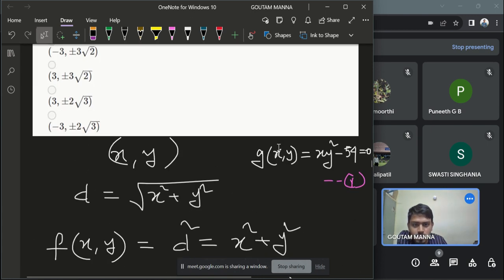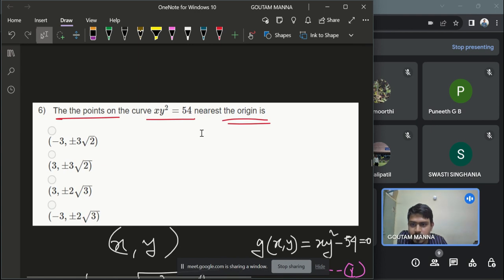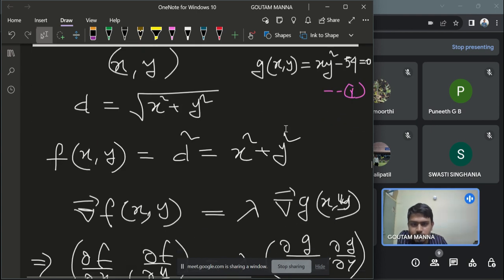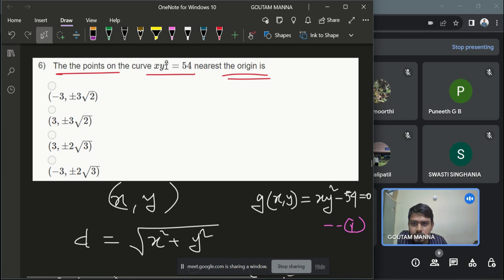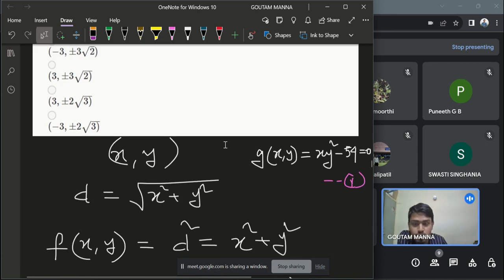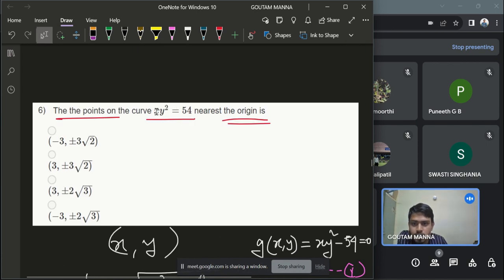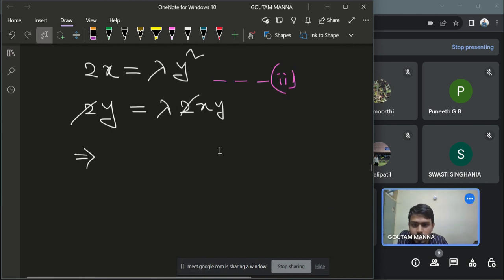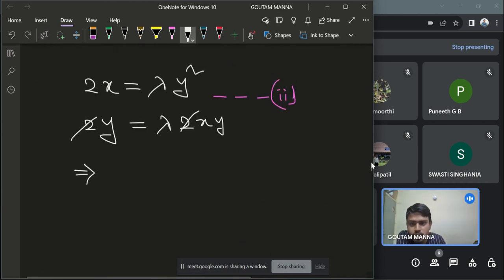So if we look at the constraint equation, while minimizing this f, we should always be on this curve xy square equals to 54, and this curve doesn't allow y equals to 0, because if we put y equals to 0, this will be 0 and not 54, which is not valid. So basically this curve doesn't pass through points where y equals to 0, so we can cancel y because y is not equal to 0, and we are left with x equals to lambda.